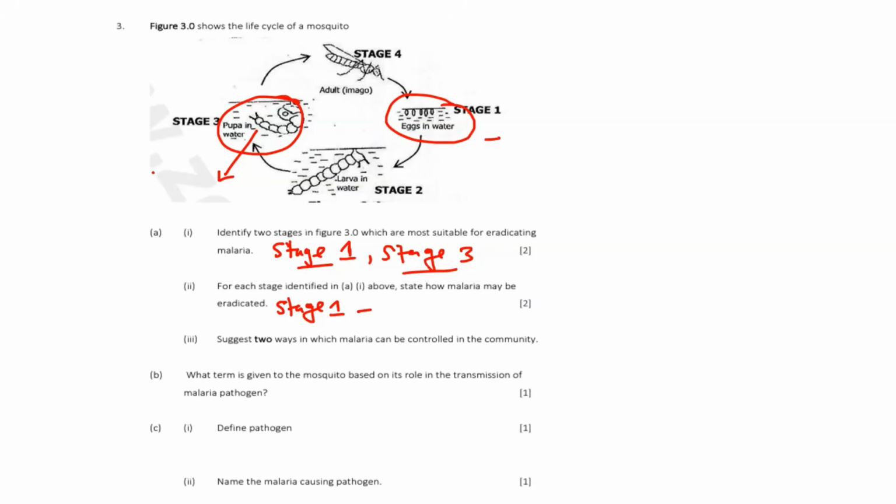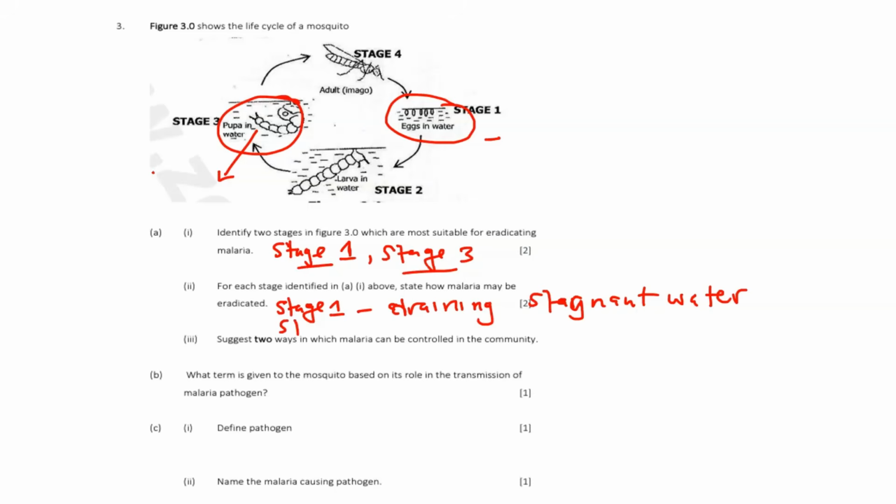So I'll say draining stagnant water. Okay, draining stagnant water, and this one helps to eliminate what? The eggs. So for stage 1, draining of stagnant water.